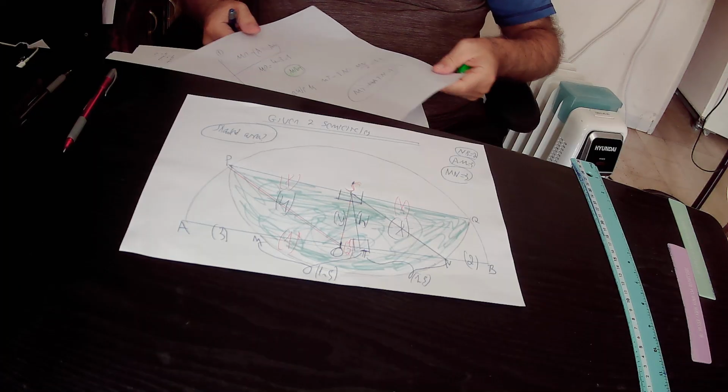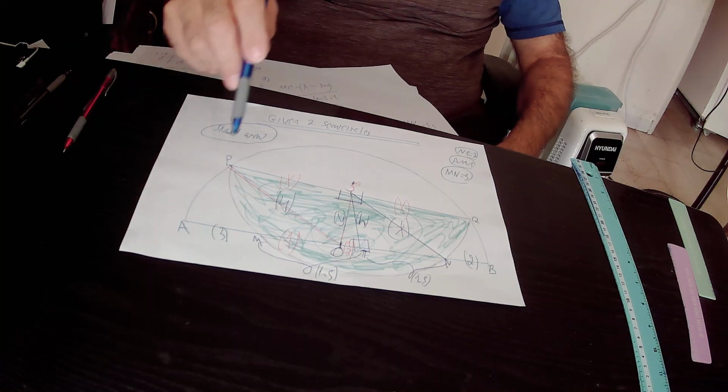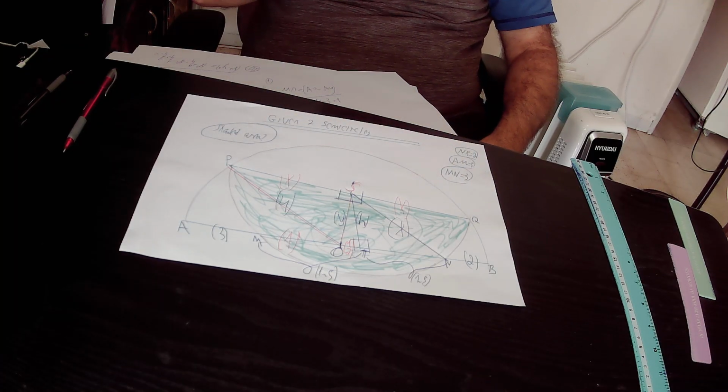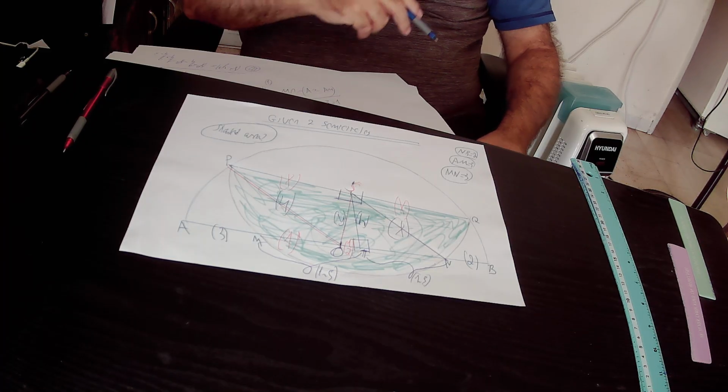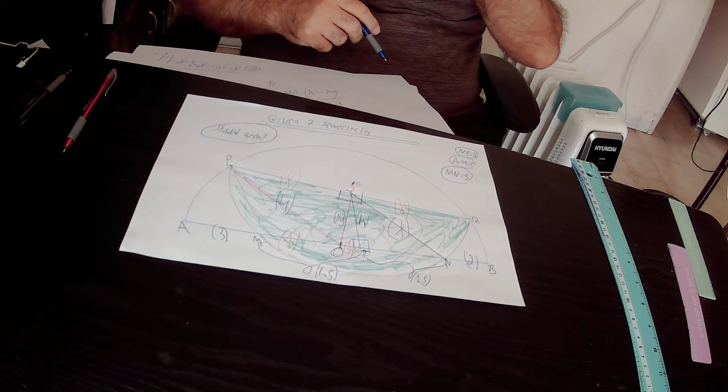So we define the center of this small semicircle, this point, as point S. We define the center of this big semicircle, this point, as point O. In the next step, we did the construction.